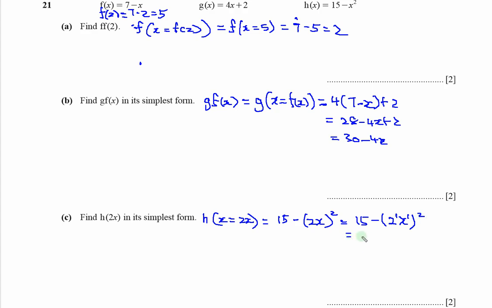Okay, so 15 minus 2, 1 times 2 dot x 1 times 2, so it becomes 15 minus 2 dot x 2, so it becomes 15 minus 2 to the power 2 is 4 x square. That's it.